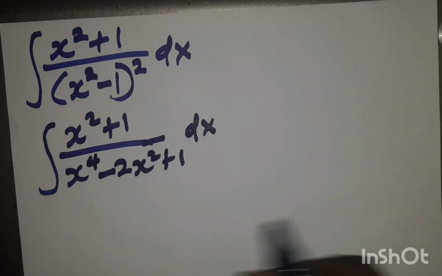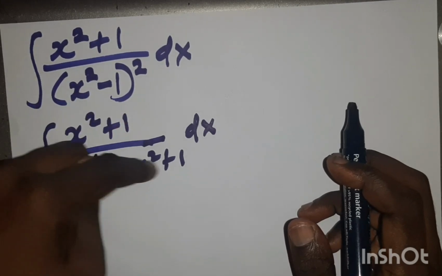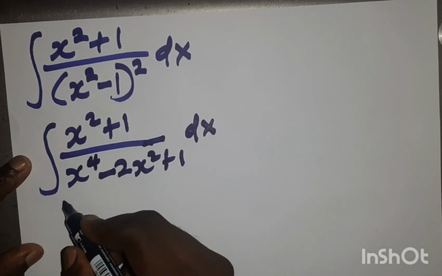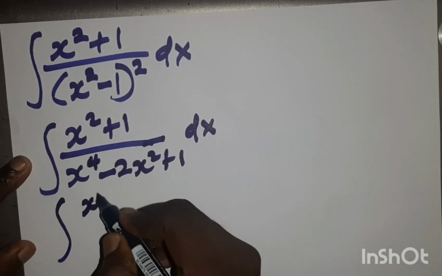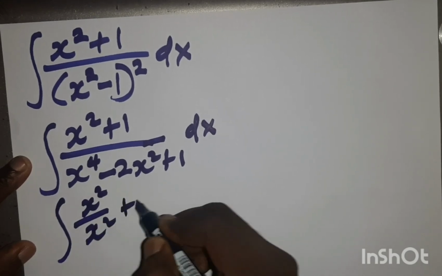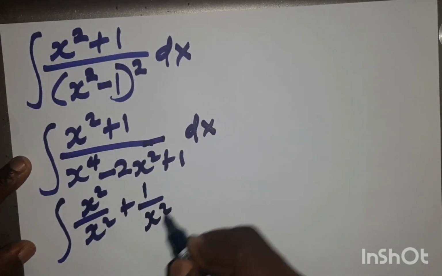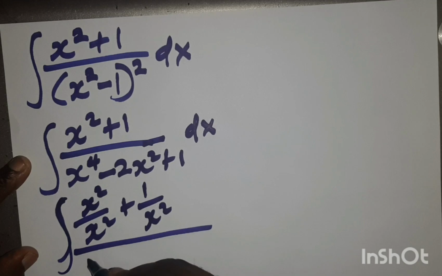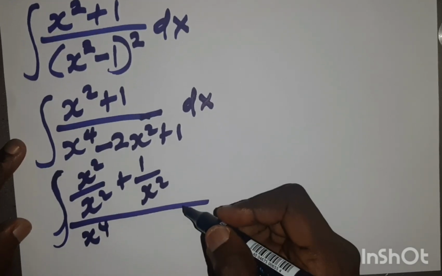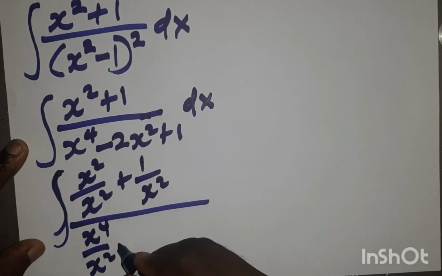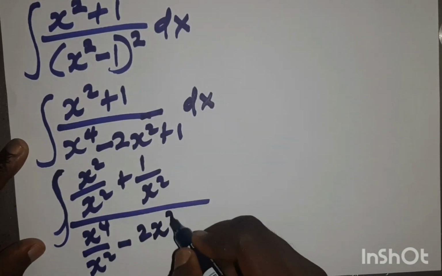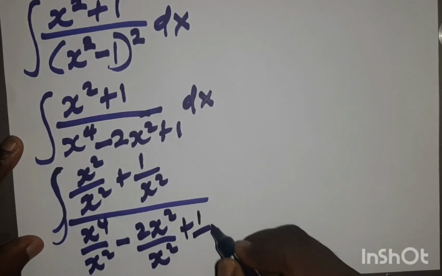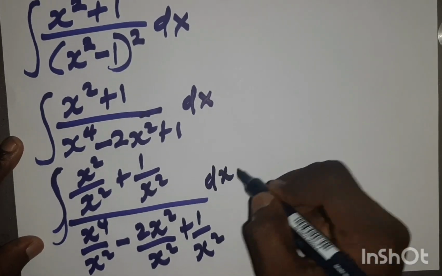So finally, I can now divide every single term by x raised to the power 2, and let's see what we're going to get. Let me start with the numerator. So in the integral, I have x raised to the power 2 divided by x raised to the power 2 plus 1 over x raised to the power 2, everything over, the same thing too: x raised to the power 4 divided by x raised to the power 2, minus 2x raised to the power 2 divided by x raised to the power 2, and then finally plus 1 divided by x raised to the power 2, still with respect to x.